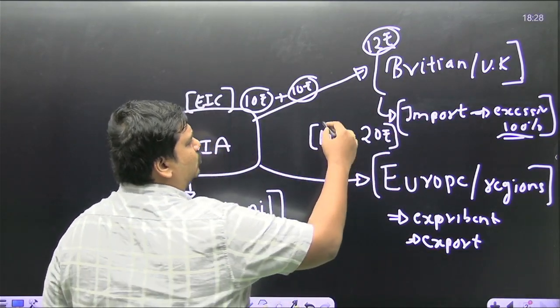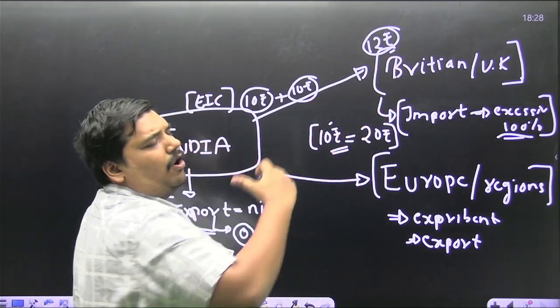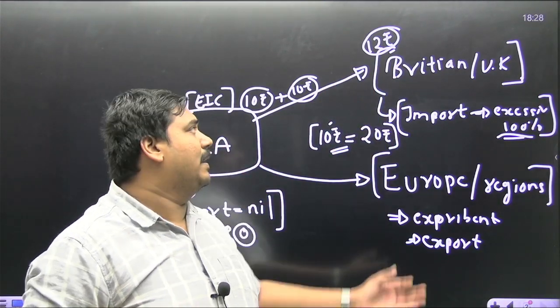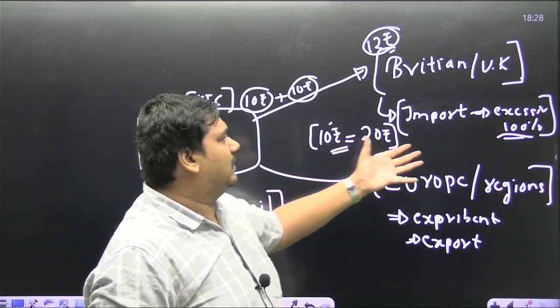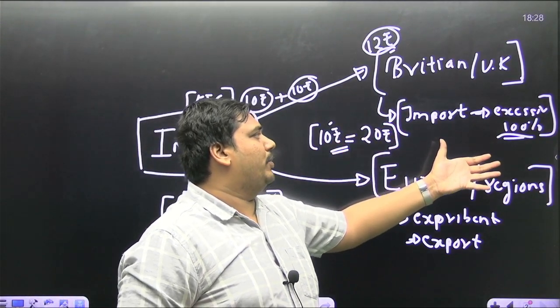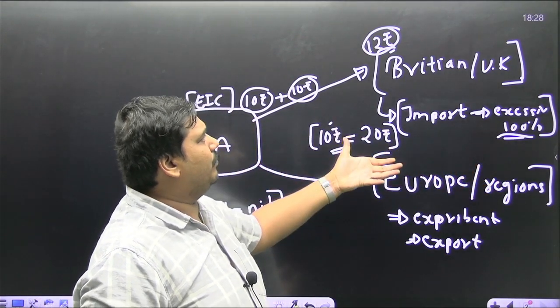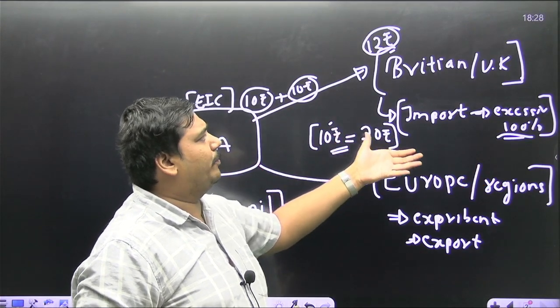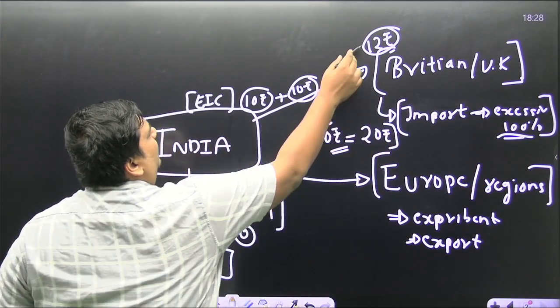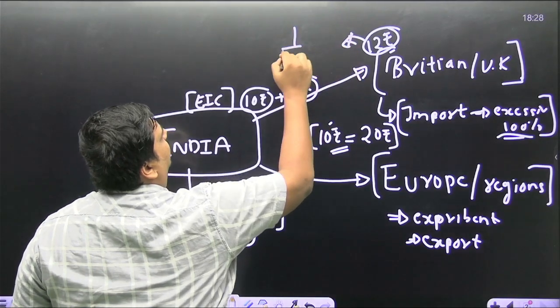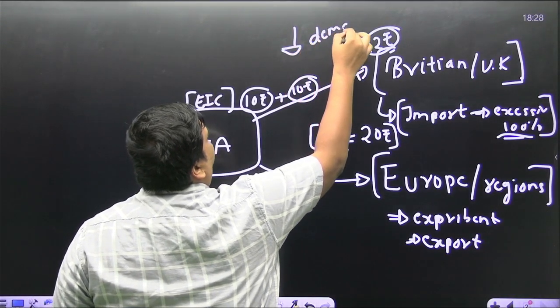If this pen was sold for 12 rupees, then a lot of people would have bought it in Britain. But since the excessive import duty of 100% is being levied on Indian goods, the pen becomes costlier. That means it becomes 20 rupees, and therefore there is a reduction in demand.